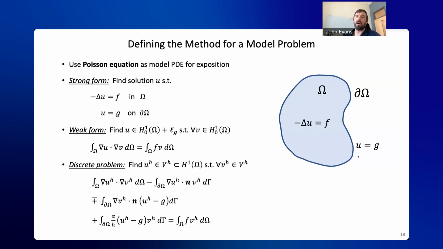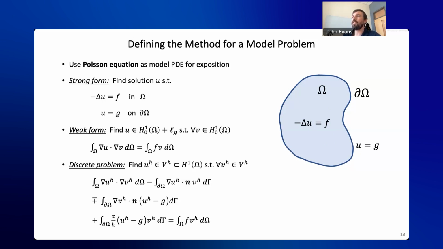And as all of us here know, finite element methods start from a weak form, and for this problem, the weak form is: find u in the set of functions in H1, right, so the set of square integrable functions with square integrable first partial derivatives, such that u is equal to g in the sense of trace along the boundary of the domain.